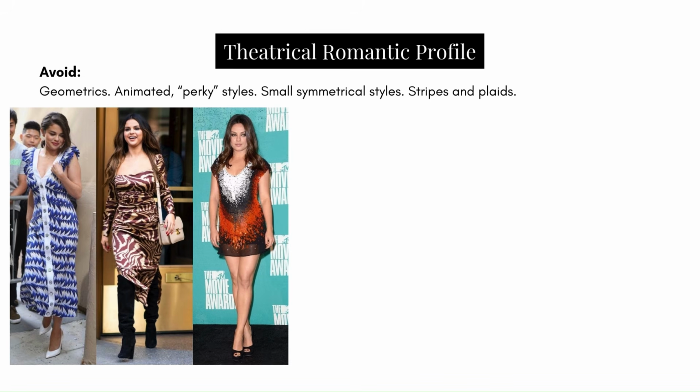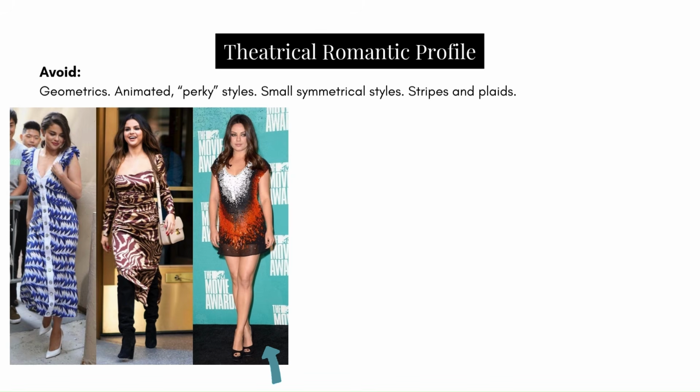Avoid animated perky styles. The look to the right of that is more swirly, so it doesn't have any of that sharpness, but that sharp contrast between the maroonish and the creamish color of that pattern is too stark. So even though the lines themselves aren't sharp, the color contrast just feels a little bit too stark on her.